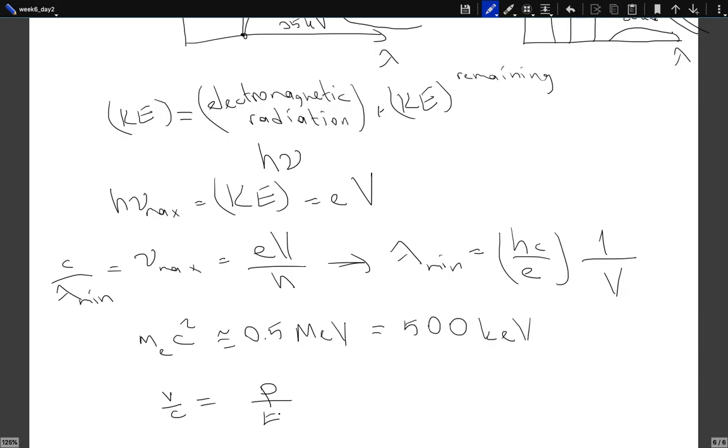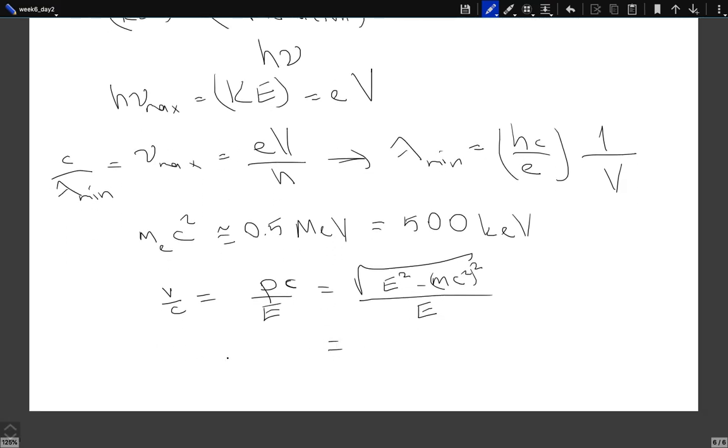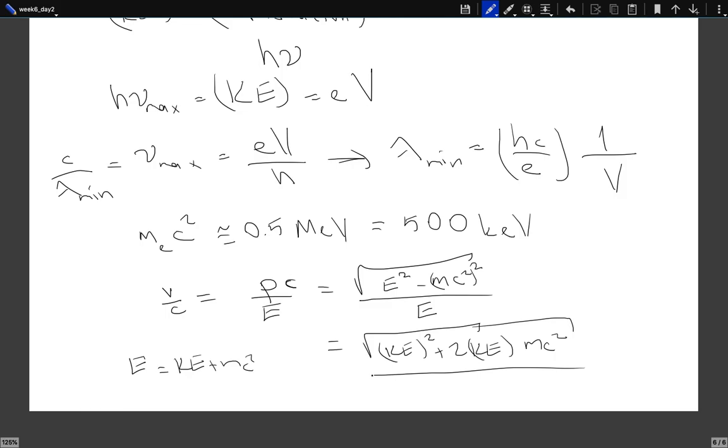It's pc over E, or the square root of E squared minus (mc squared) squared, over E. Or if you write E as kinetic energy plus mc squared, this becomes the square root of kinetic energy squared plus twice the kinetic energy times mc squared, divided by kinetic energy plus mc squared.